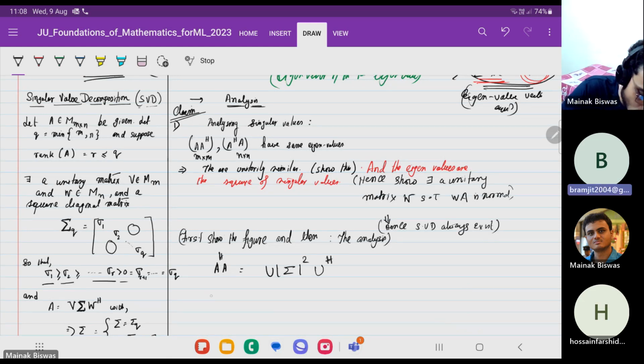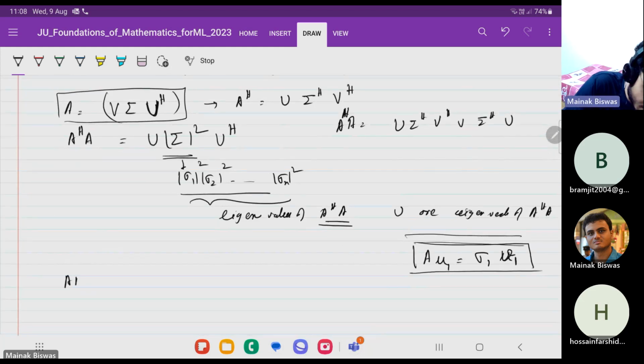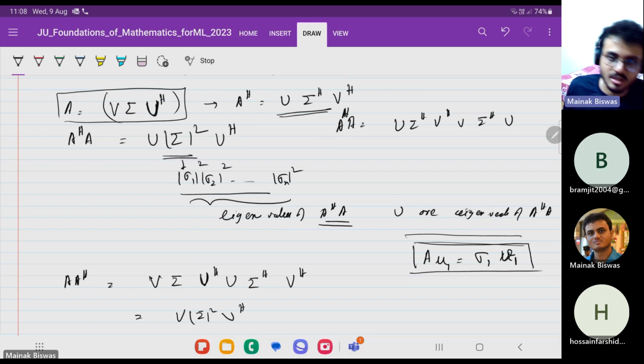Similarly, I can also write A A Hermitian as V sigma squared V Hermitian. Just check. A Hermitian will be V sigma U Hermitian, and A Hermitian from here will be U sigma Hermitian V Hermitian. So V sigma squared V Hermitian. Correct?